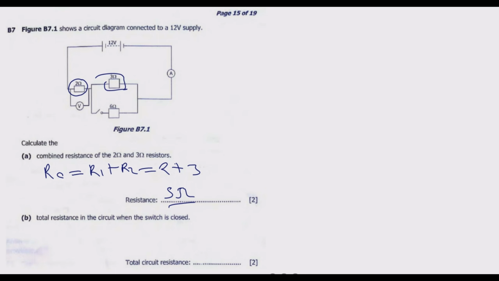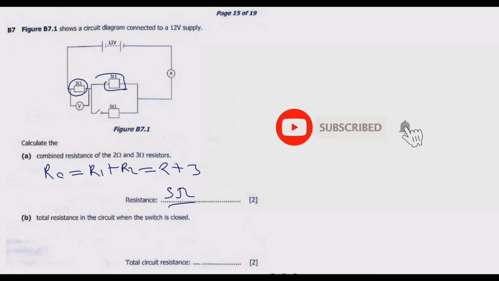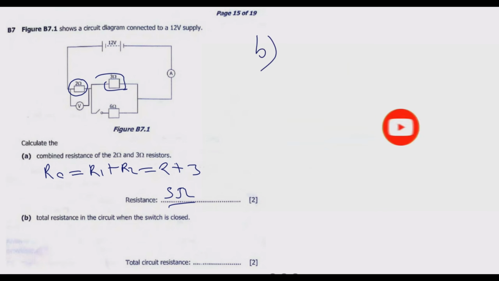We go to B. Calculate the total resistance in the circuit when the switch is closed. So once the switch is closed, we have two scenarios. These are now parallel to each other, then this is in series. So the first thing is we need to find the resistor for this parallel circuit, then we add it with the other one in series.